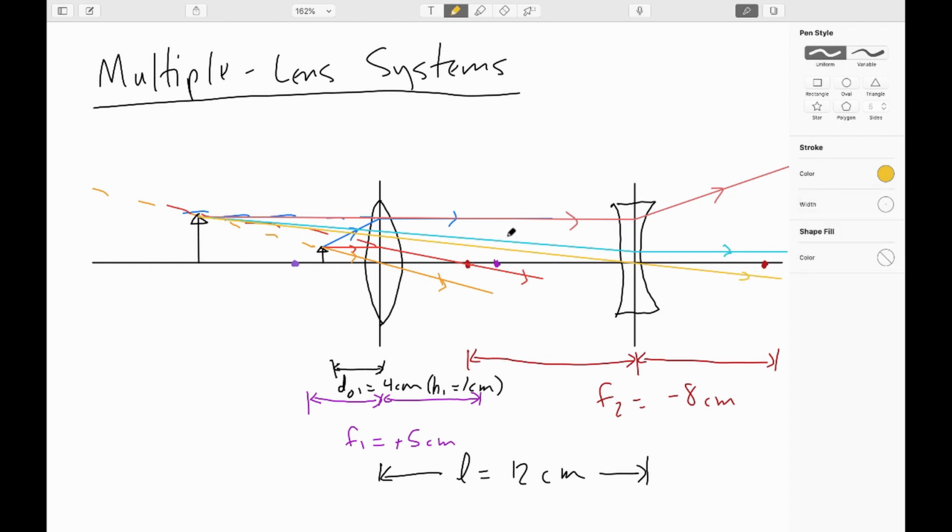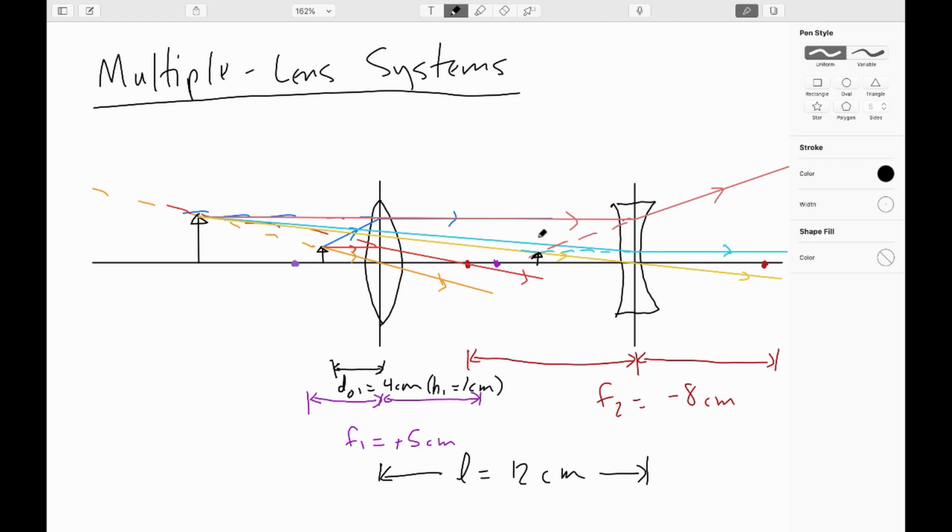Okay. So my central ray is already backtracking itself. That's good. So I just need to backtrack the other rays. Not too bad. And it looks like our image is roughly the same height we started.